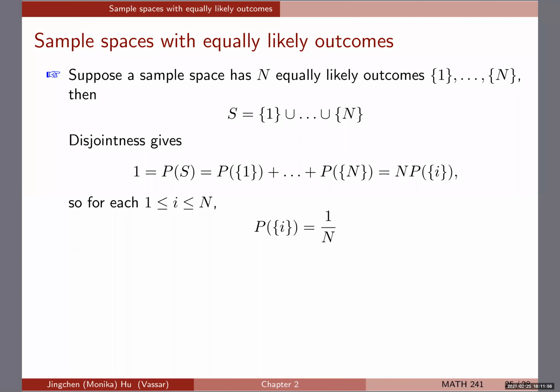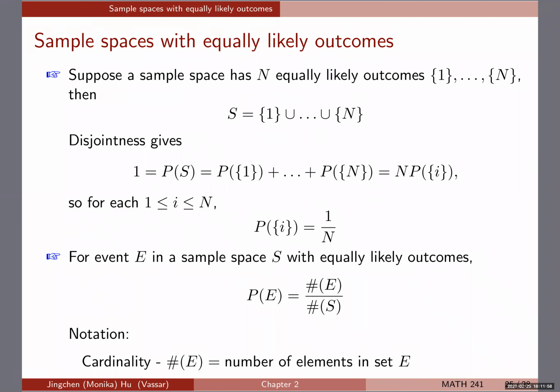With that at hand, it's really useful, because if we are working on an event E in a sample space with equally likely outcomes, then the probability of this event can be reduced to counting the number of elements in the set E over the number of elements in set S. The reason we can do it is because the sample space S has equally likely outcomes.